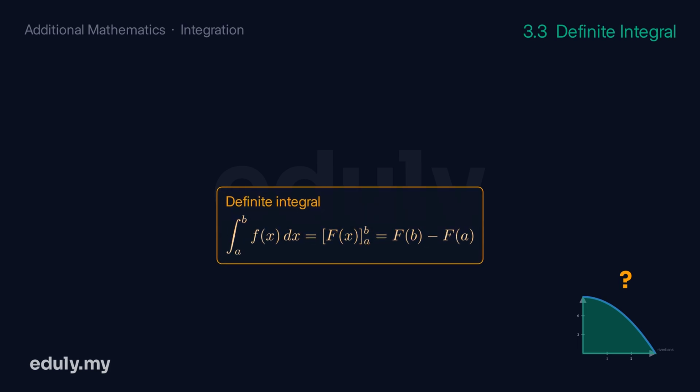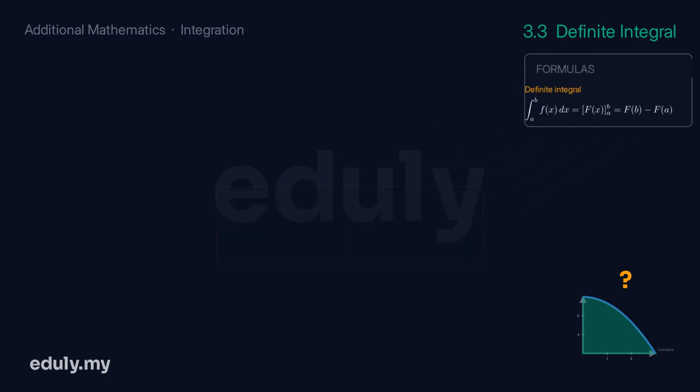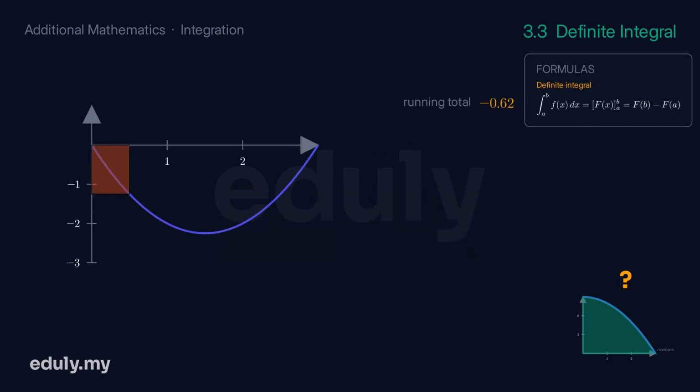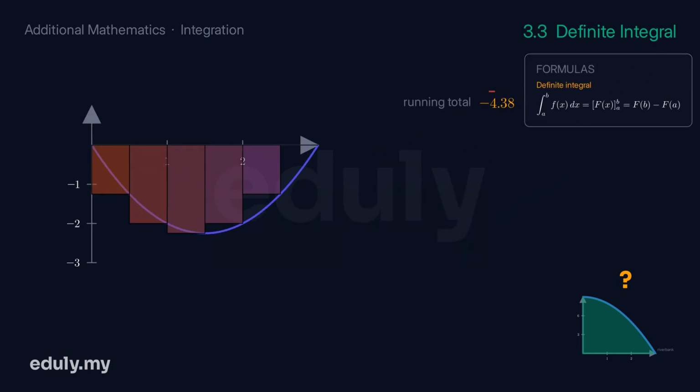Onto the shelf. The definite integral, the antiderivative evaluated at the top limit minus the bottom limit. Watch what happens when the curve dips under the line. The rectangles flip below the axis, so the sum you get back is negative. That's the definite integral being honest about direction.